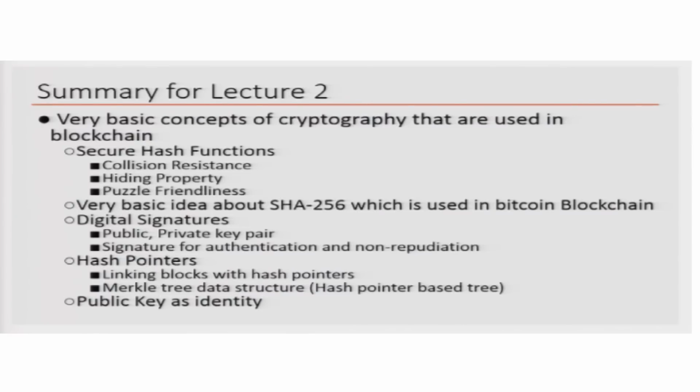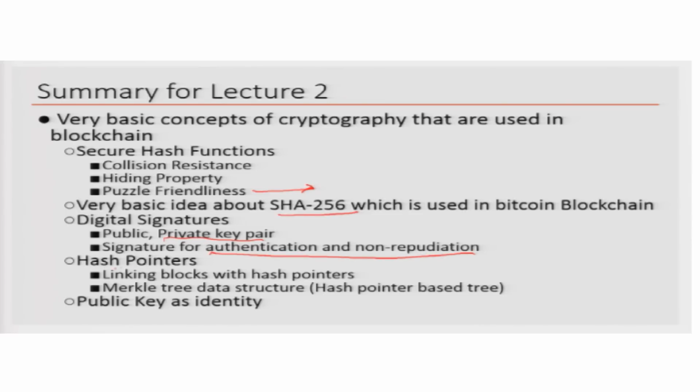We talked about secure hash functions, the collision resistance, hiding property, and puzzle friendliness, and this puzzle friendliness will come back when we discuss the basic operating principles of Bitcoin blockchain. We talked about SHA-256 and a little bit about its construct, digital signatures, how the private key is used to do a digital signature and the public key is used to verify it, and this is required for authentication and non-repudiation.